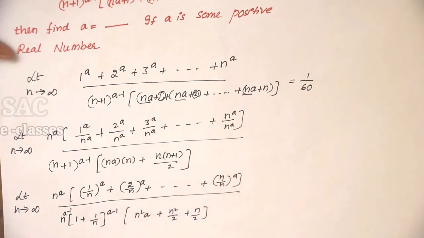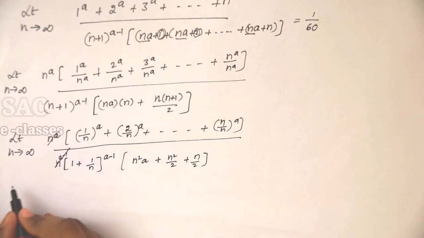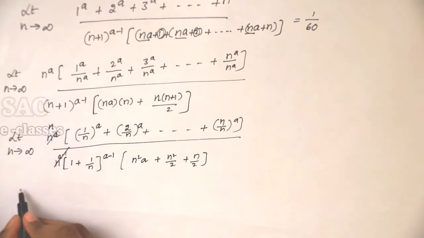I simplified. Under cancellation, here n power a and n power a minus 1, n is left over.